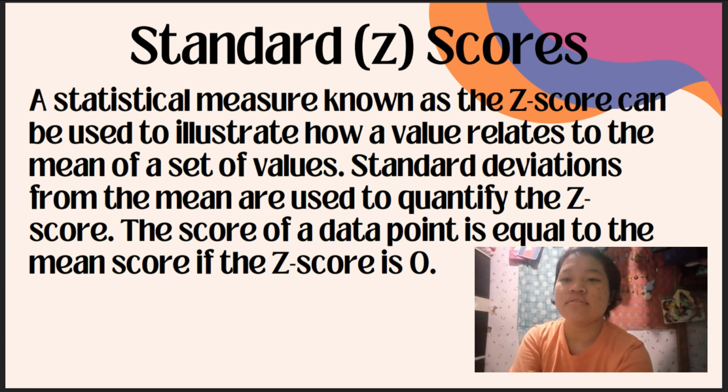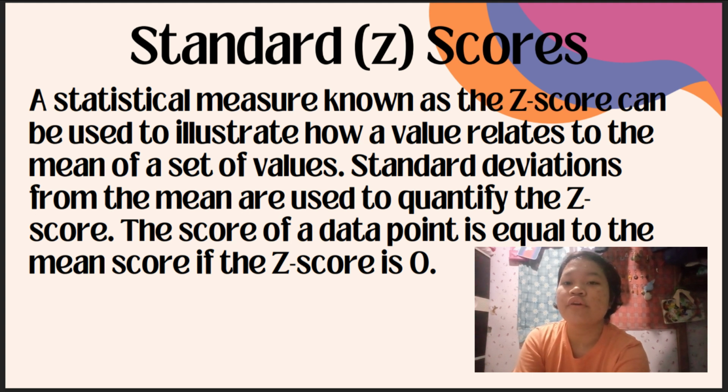So next is the standard z-scores. To compare and analyze data from different normal distributions, we use standard z-scores. The z-score is a measure of how many standard deviations a data point is from the mean.